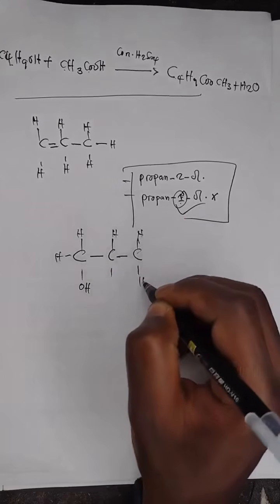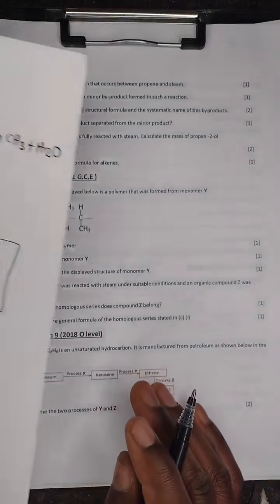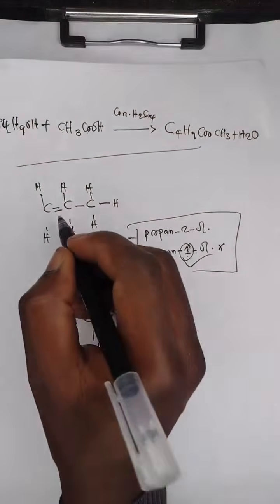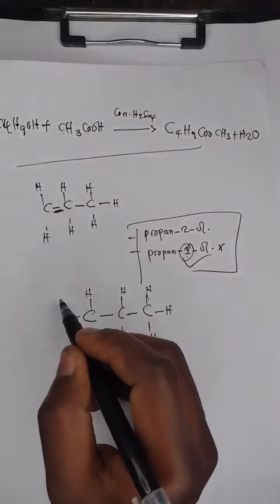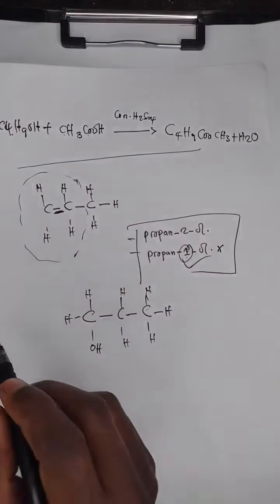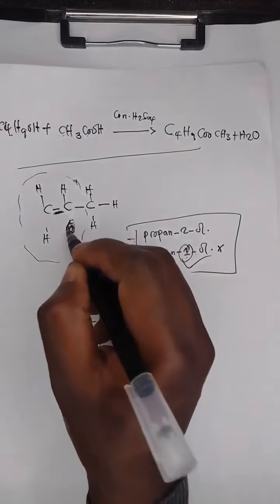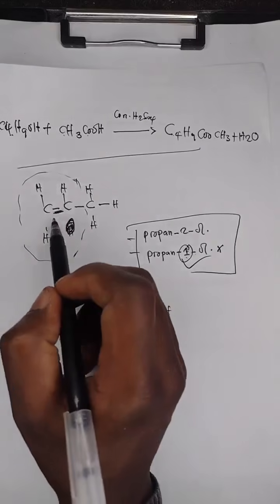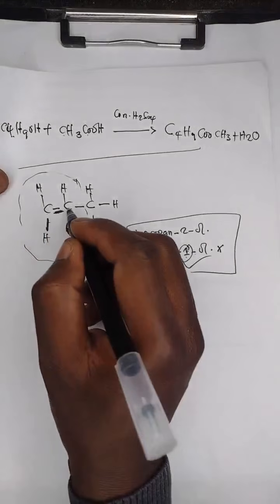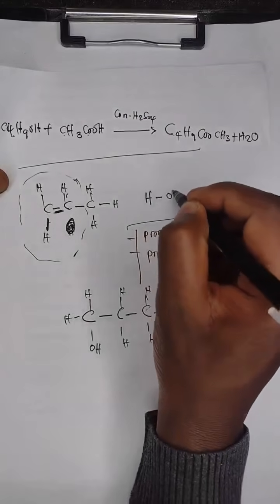That's what it means. And in this case, how do you know that this is the minor product that is produced? If you look at the way propene is, let us focus on this part, between the carbon and the carbon, a double bond. Okay, so this one is not supposed to be there, please. So we have a carbon that has 2 hydrogens and a carbon that has 1 hydrogen. So now water is H and OH.